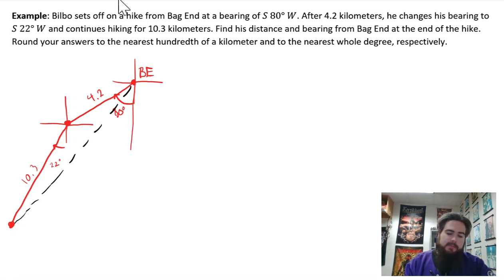That means the bearing to this new direction, to where we finally ended up, should be an angle measure that I know is less than 80 degrees. If I can find that angle measure on the inside of this very sharp triangle, then I should be able to find what that angle measure is for the bearing.